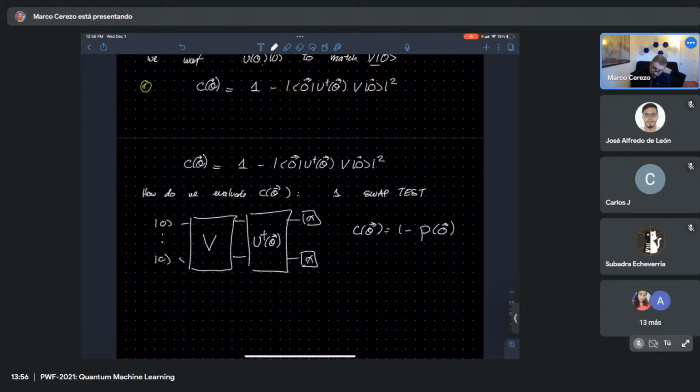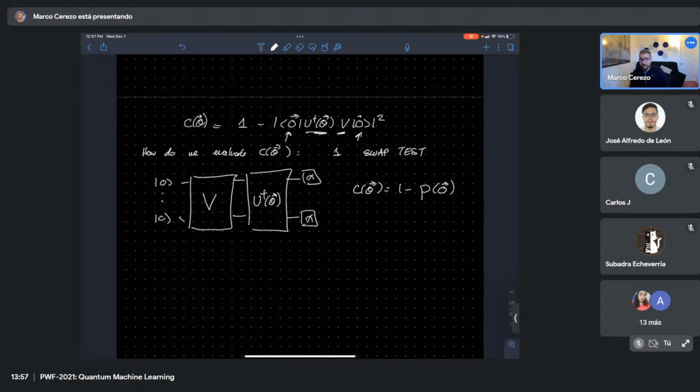Because you can think about this as taking the 0 state, evolving it through V, evolving it through U dagger, and then measuring all and computing the expectation value of the projector onto the all-0 state, which is just the probability of 0. So this is another way in which we can find the circuit to evaluate this cost function.